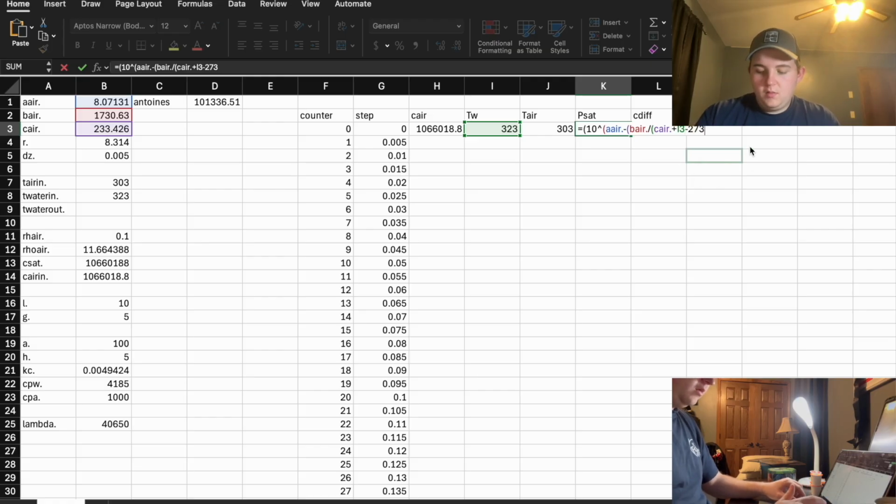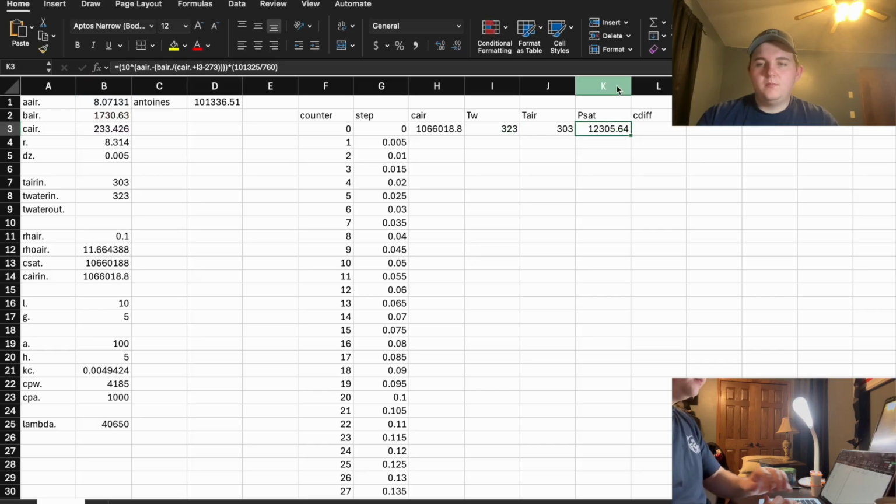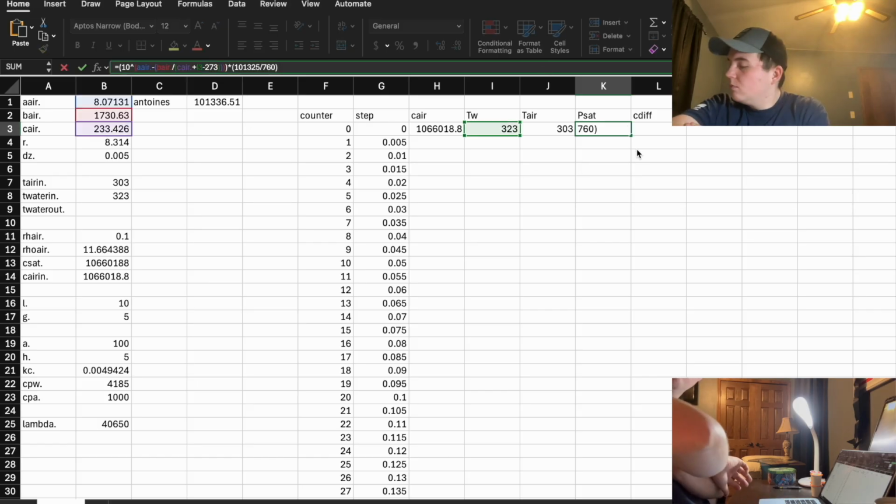273. And then we need to multiply it by our diffusion. Multiply it by our unit conversion for mmHg to Pascal.